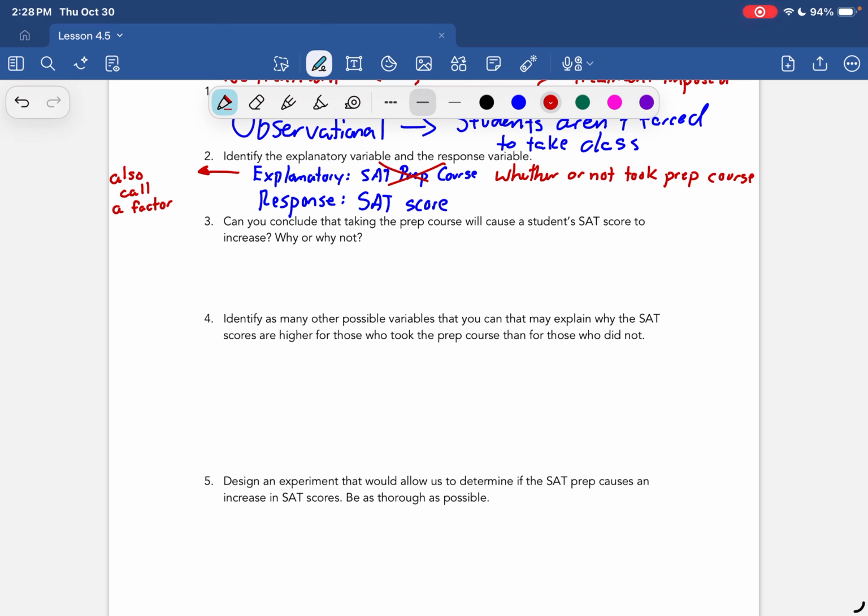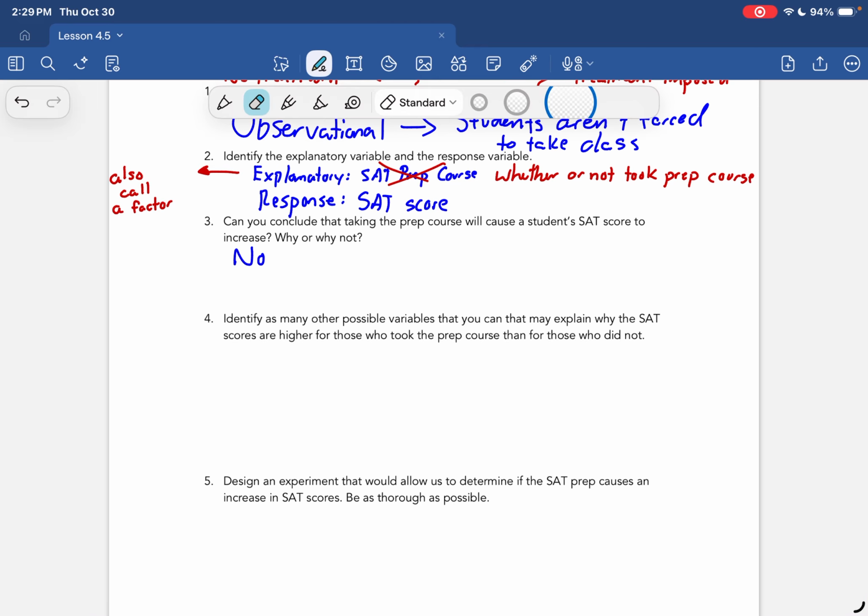Sure, I don't think anyone would fault you for saying, hey, you take this prep course and you could see an increase in your SAT score. In AP stats, what we're looking at is, is this prep course the cause of a student's SAT score to increase? So what we're saying is, if this student takes the prep course, they're definitely going to see an increase. And our answer to that, hopefully you can see, is no.